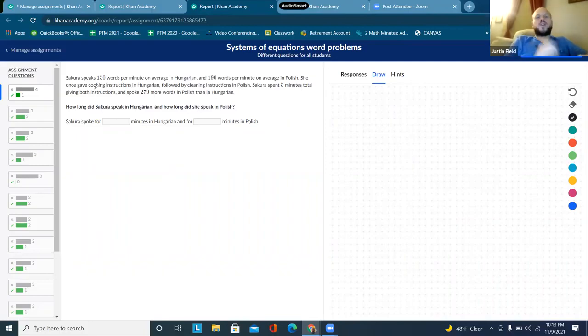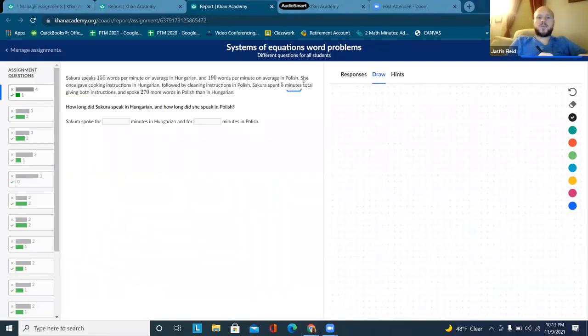So do you remember that for word problems, the units are the most important words in the problem? So we have minutes. Units are the word right after the number. I have 270 more words.